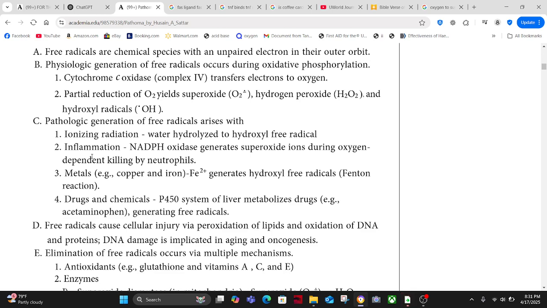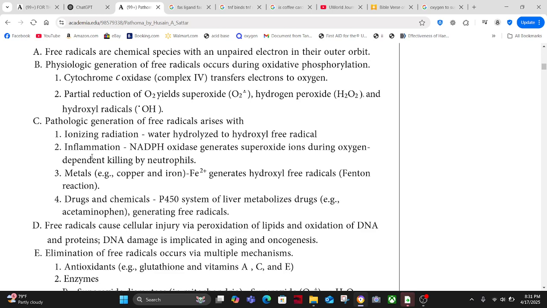Drugs and chemicals also generate free radicals. The P450 system of the liver metabolizes drugs like acetaminophen, generating free radicals. That's why if you take too much acetaminophen, it's hepatotoxic. Acetaminophen goes to the liver and gets converted by the P450 system, and free radicals are made in the process.